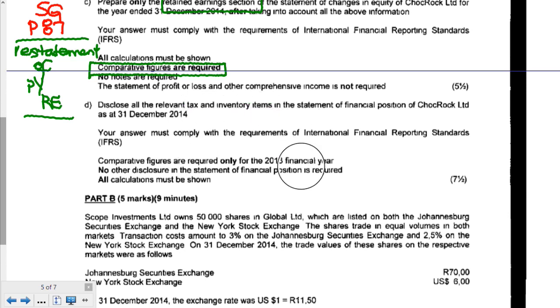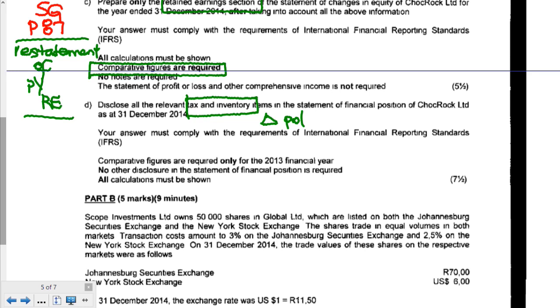Disclose all the relevant tax and we didn't do inventory. Mind you, this is also because of the change in policy. For 5.5, it's the change in policy. So the change in policy adjusts the inventory balance, and this is just asking you to disclose all that. So it's not notes, hey. It says disclose, but it shouldn't say disclose because it's not notes.